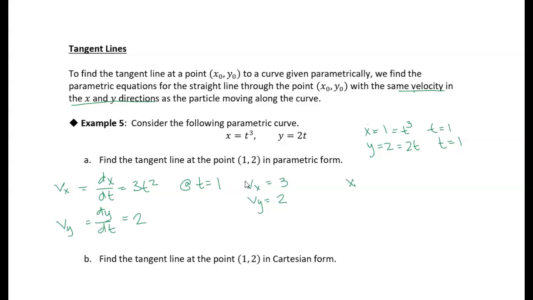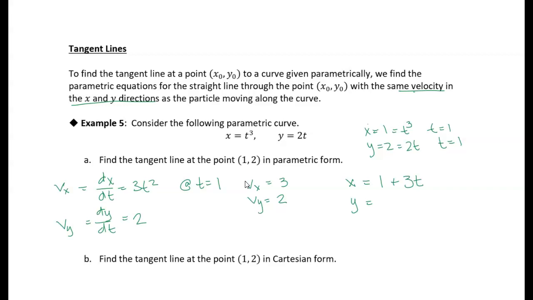So we can write this as: we're going to start at 1 for the x value, and we're going to travel at a rate of 3 for every time period. So we have a parametric equation for x of 1 plus 3t.